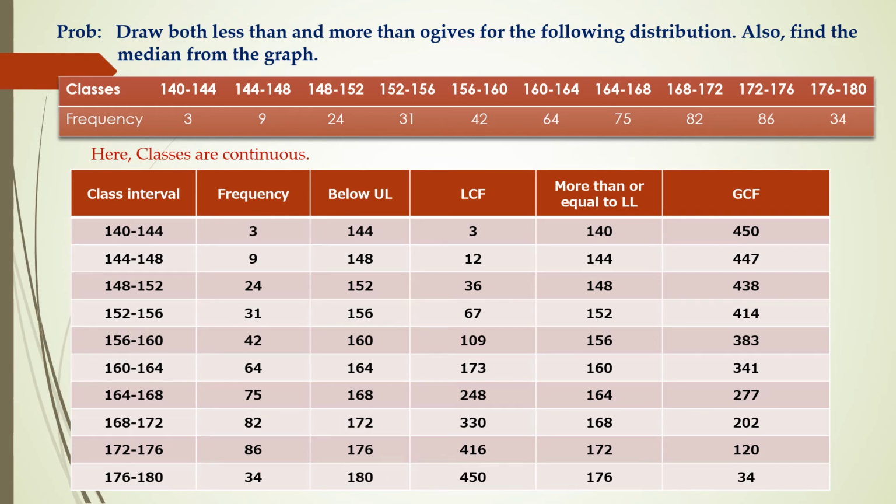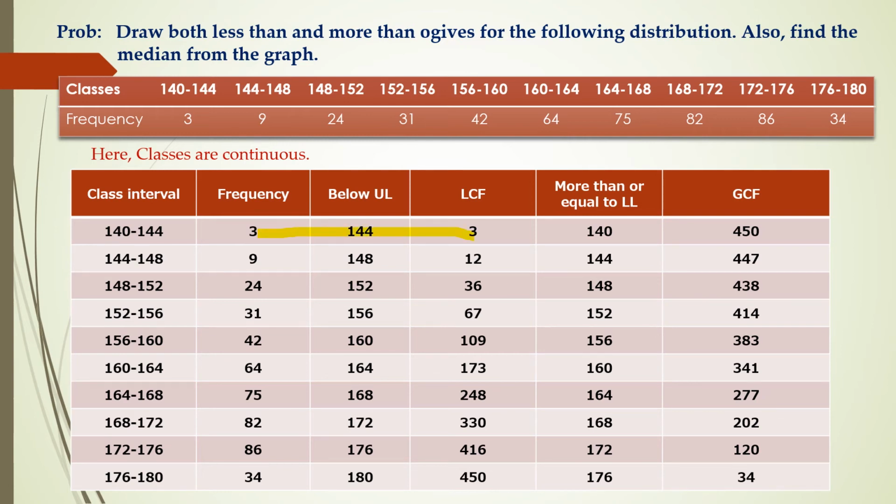Now in the third column, we have to take upper limits. Here the upper limits are 144, 148, 152, 156, 160, 164 and so on. These are upper limits. Copy the upper limits in column 3. Then you have to calculate the respective cumulative frequencies. For the first class interval, the frequency and cumulative frequency are the same, so copy 3 as it is.